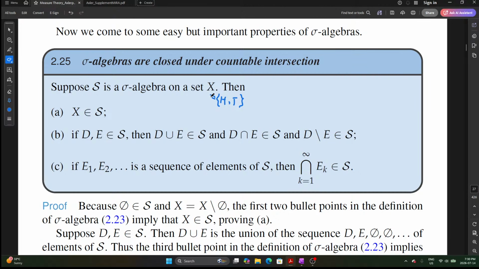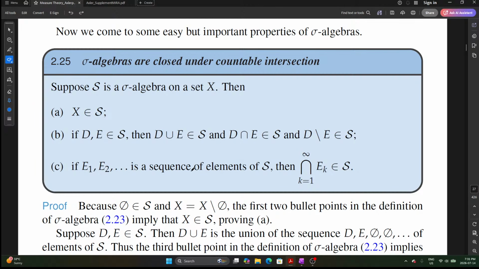Of course, that's an event. It's always true. So that's A in probabilistic terms. Second, if you have two events D and E, then D or E, D and E, D but not E are all events.